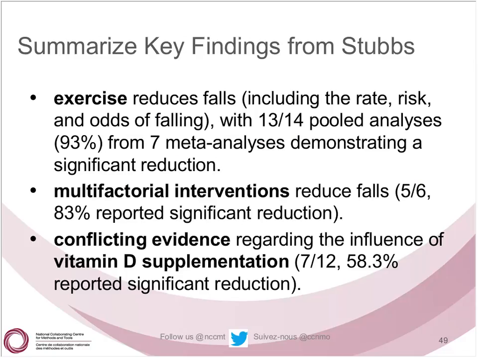We also see from Stubbs that multifactorial interventions reduce falls. So there's another thing to consider. Exercise is good. Multifactorial means more than one thing going on, more than one factor in the intervention. And there's conflicting evidence regarding vitamin D supplementation. Just over 50% reported a reduction, others didn't.